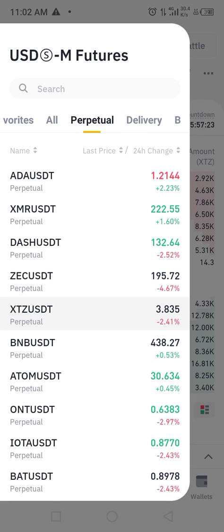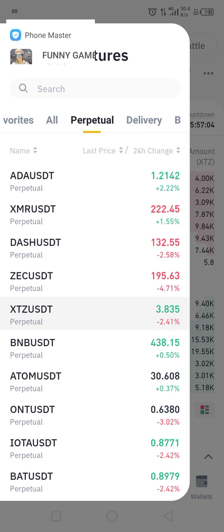Since the contracts are settled at every point in time and can be cancelled, the only way the exchange can pay those that go long or short is by the introduction of the funding rate. I will show you what the funding rate is.